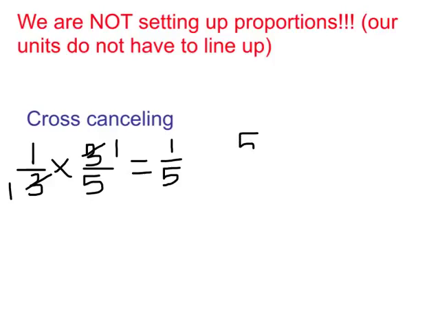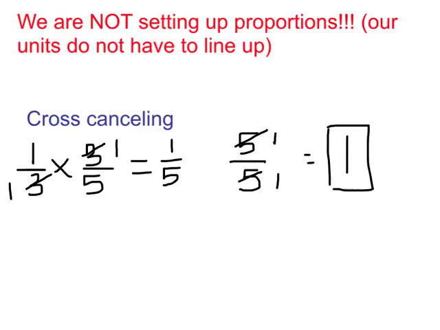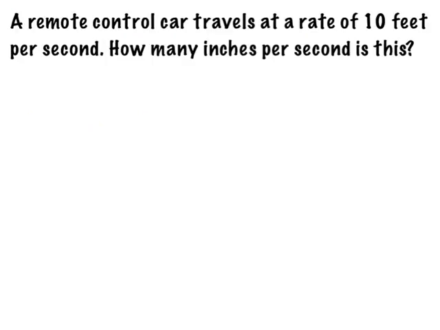Another example would be if I had 5/5. Common factor is 5. They become 1s when you divide both of them by 5, which would be equal to 1. In converting unit rates, we will be factoring out common units.